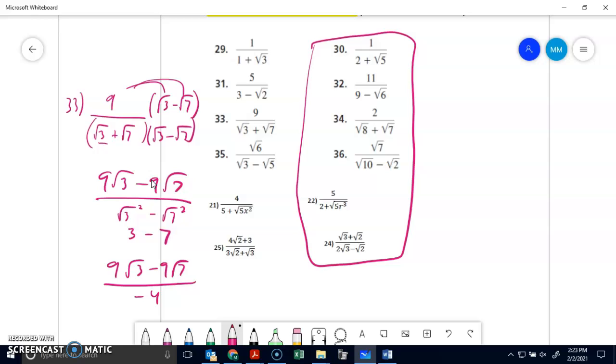Now this is an acceptable answer. I don't like having a negative down here. As mathematicians, it just looks a little messy. So I'm going to pull the negative out and kind of apply it to the numerator. And the easiest way to think of this is just change every sign. So if I pull this negative out down here and I apply it to both parts of the numerator, it becomes negative 9 square root of 3 plus 9 square root of 7 over positive 4.